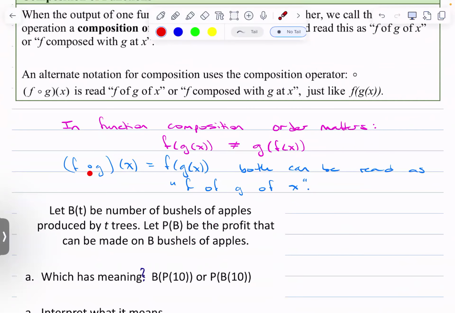I did write a note here, but if you have f composed with g of x, I would probably read it as f of g of x, because then that leads you to f of g of x. And so I'll make a little note here. You could read it as of, even though technically it means composed with.